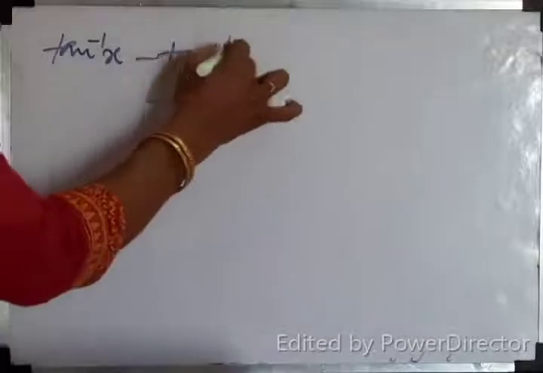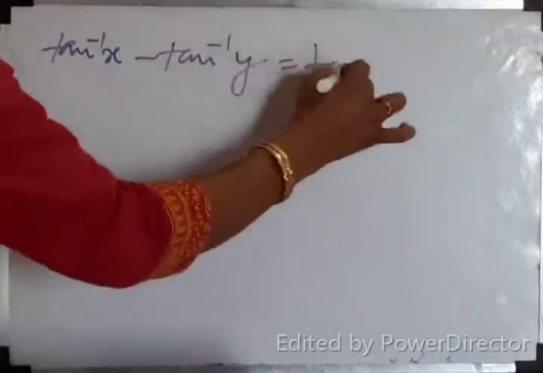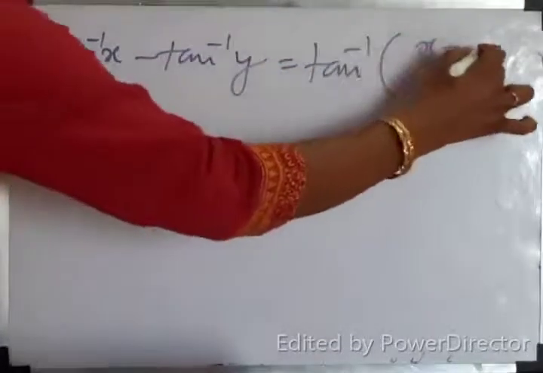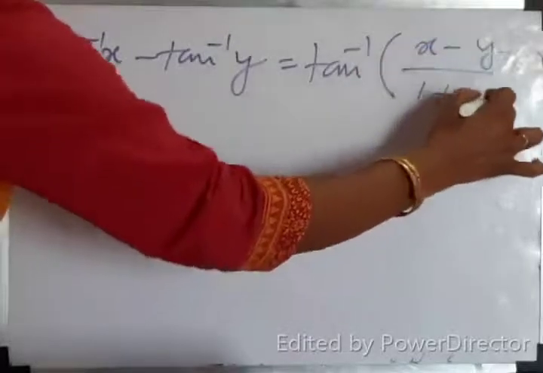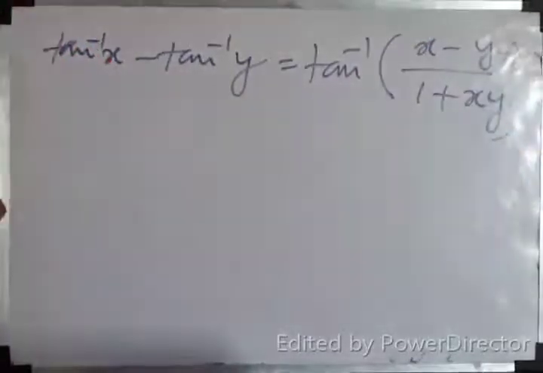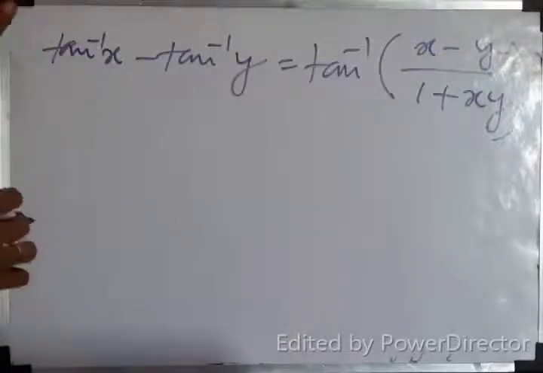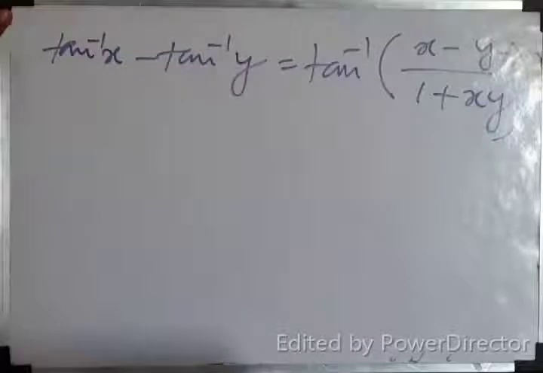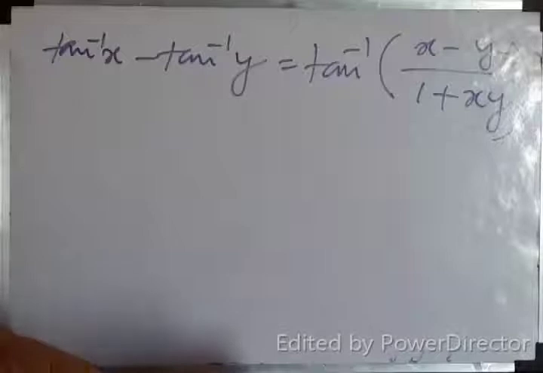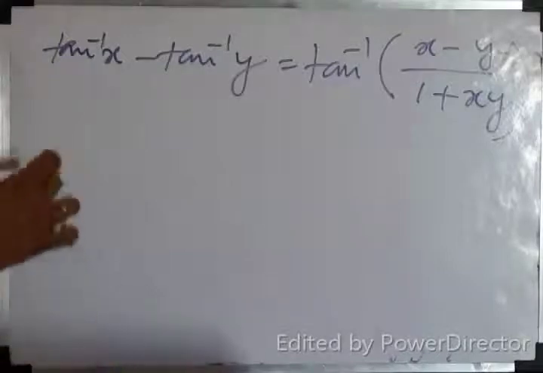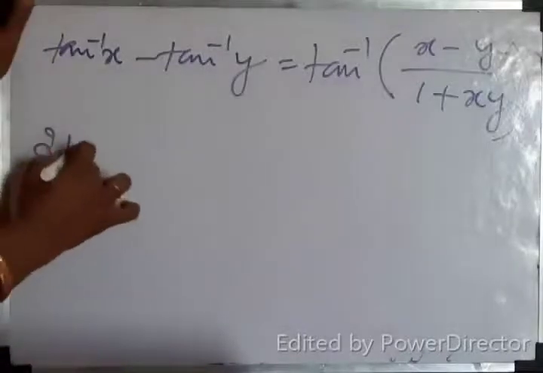Now you can say, what is tan inverse x minus tan inverse y? Come on, tan inverse of x minus y by 1 plus xy. It looks like the tan a minus b formula. Correct. Now what is 2 tan inverse x?